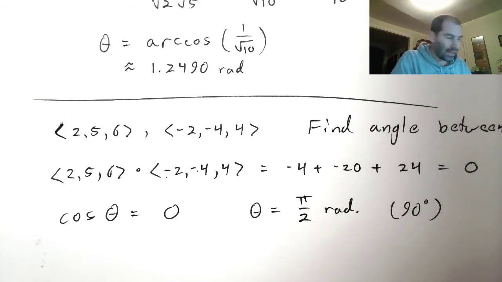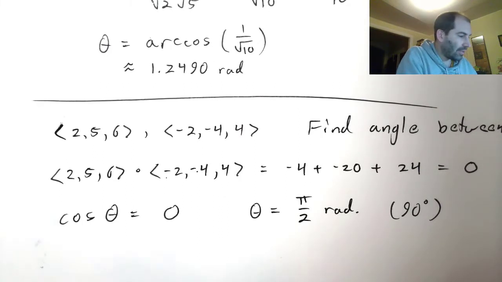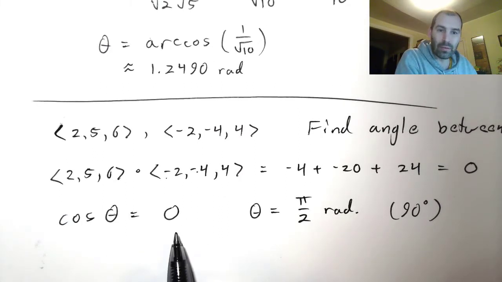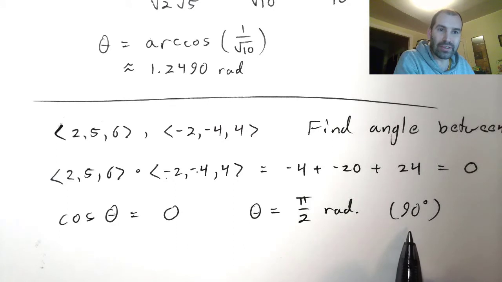Okay. Now this is a very important observation that we've just seen. Whenever the dot product of two vectors is 0, this is going to happen, which means the angle between those two vectors is going to be 90 degrees. And vice versa.